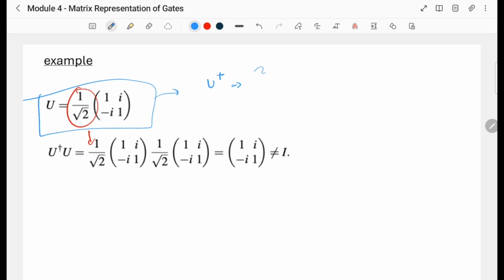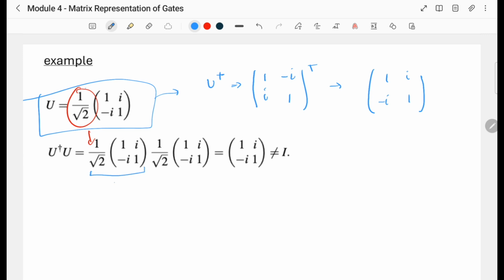But for the transpose conjugate, let's first conjugate this. 1 is real, it will remain like this. Iota is complex, it will become minus iota. Minus iota is complex, it will become plus iota, and then we can take the transpose of it, which would simply give us this.